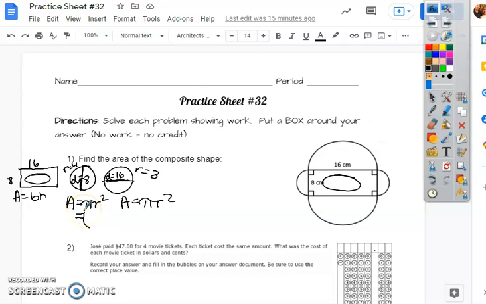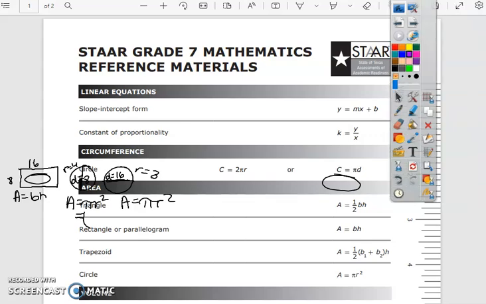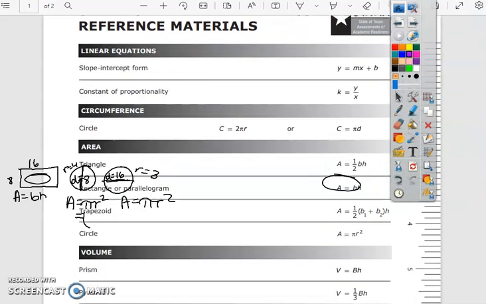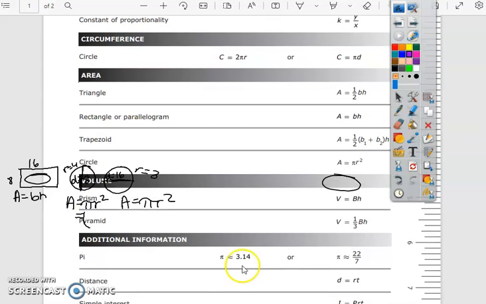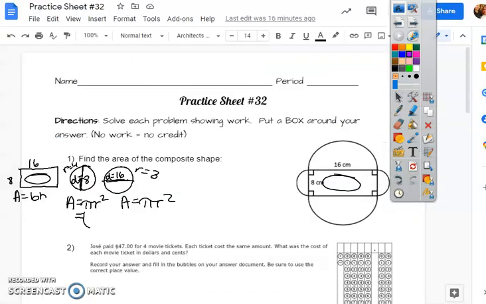So hopefully we all are good with pi now, what pi is. If not, we just go to our formula chart. And it's right here, 3.14. We always use pi with our circles. The radius is 4, and we square it. Okay?